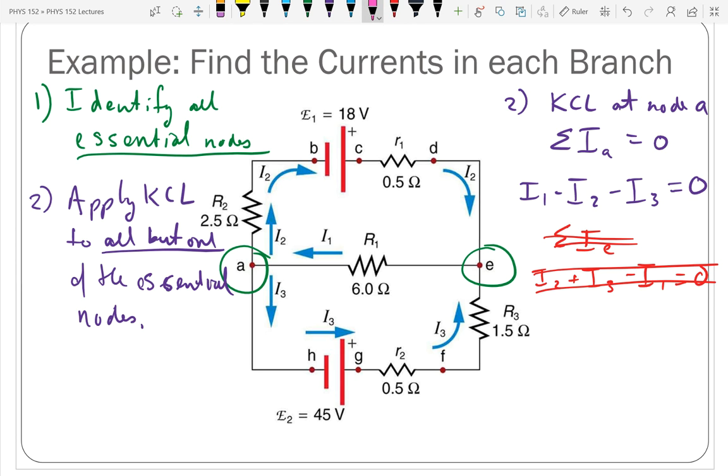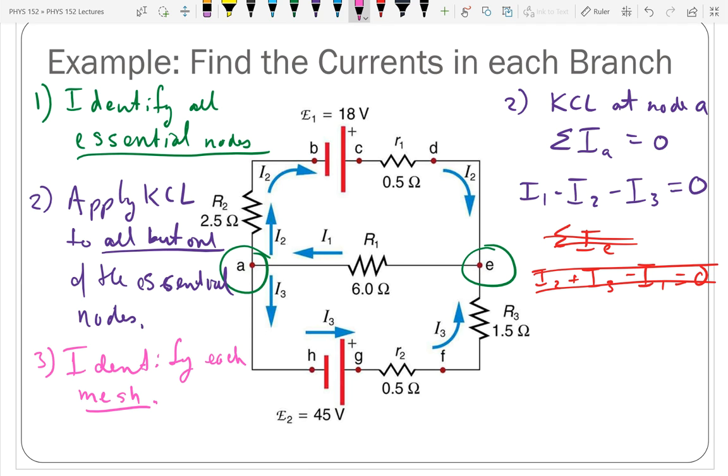Next, identify each mesh. And now you're like, what? You haven't said the word mesh today. Well, a mesh is a word used in circuits only to mean the smallest loops you can make.